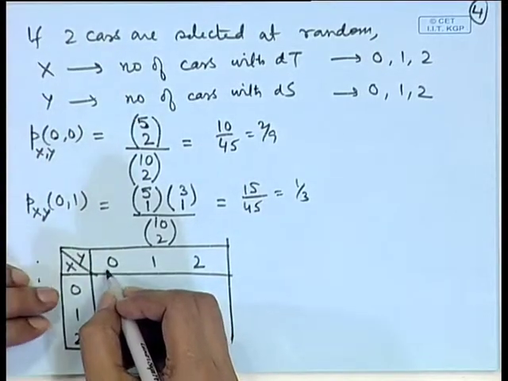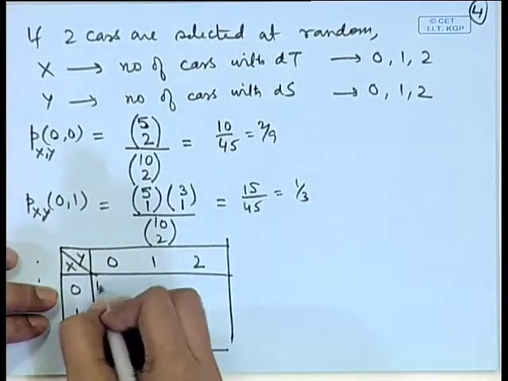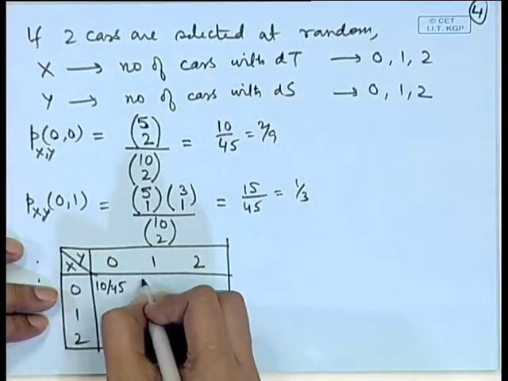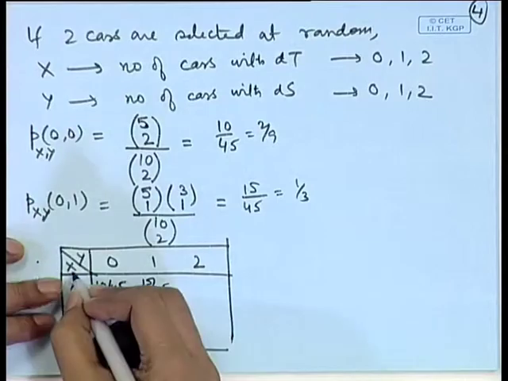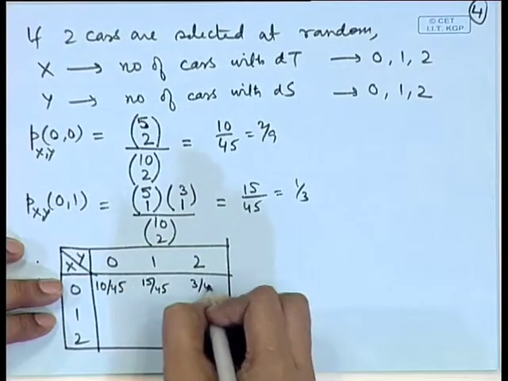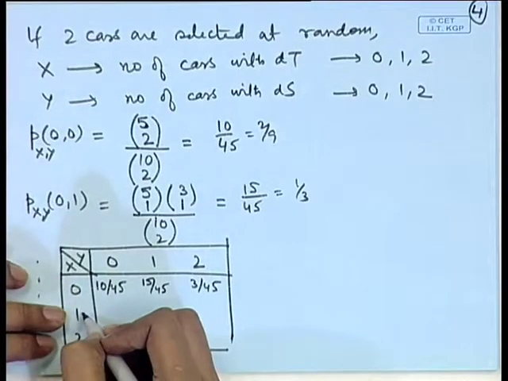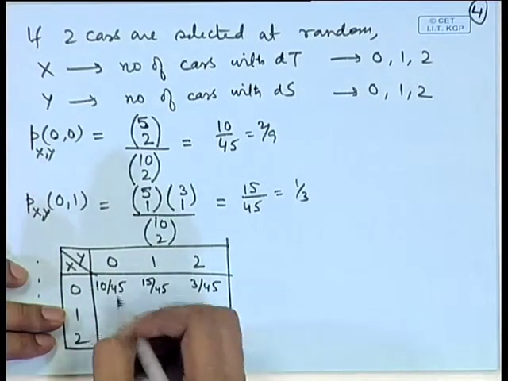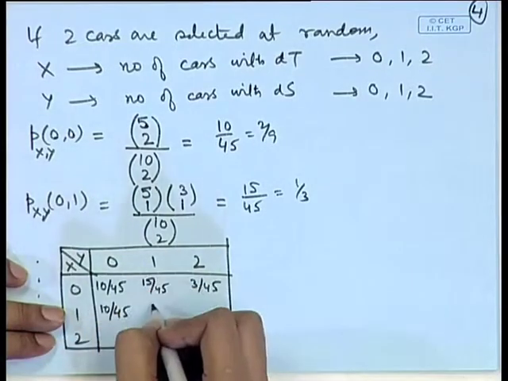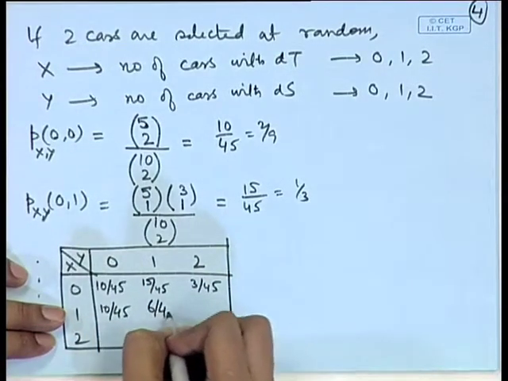The probability X equal to 0, Y equal to 0 is 10 by 45. The probability X equal to 0, Y equal to 1 is 15 by 45. The probability that X equal to 0, Y equal to 2 can be calculated to be 3 by 45. The probability that X equal to 1, Y equal to 0 can be calculated to be 10 by 45. X equal to 1, Y equal to 1 is 6 by 45.